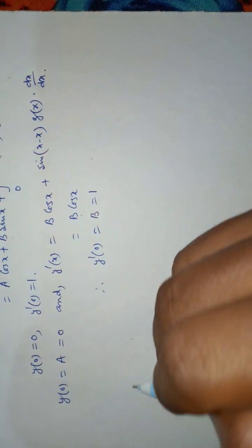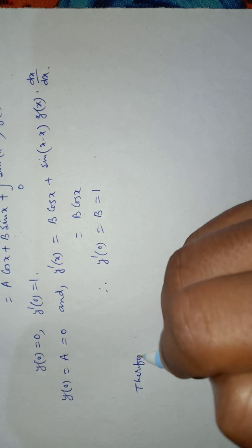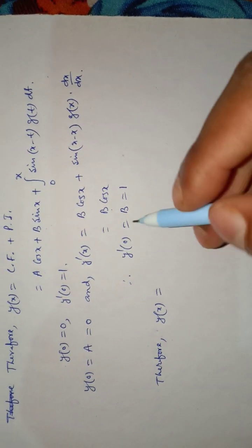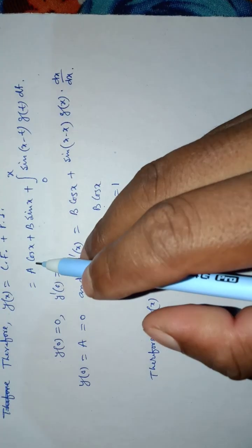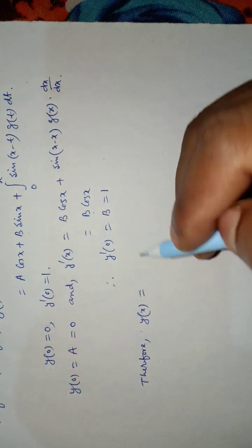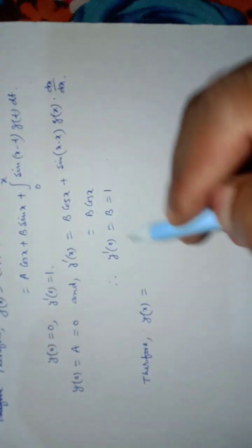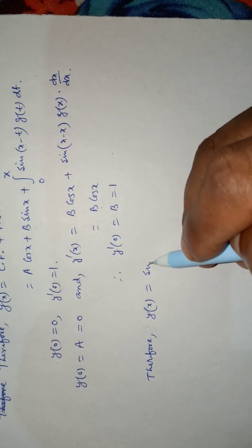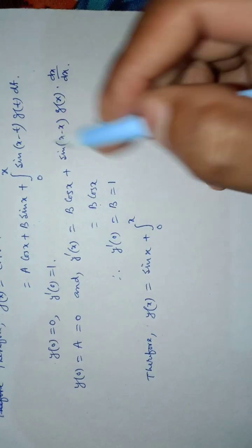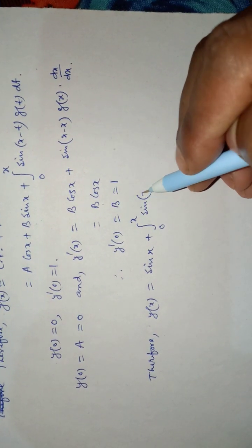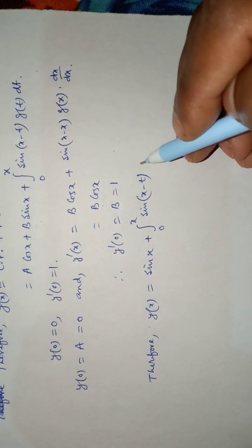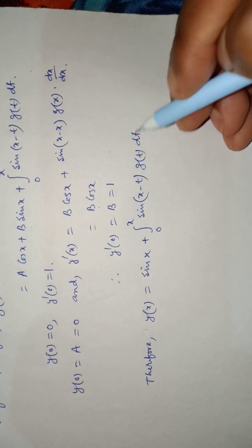Therefore y of x is equal to, a is 0, b equal to 1, so y of x is equal to sin x plus integration 0 to x sin of x minus t, g of t dt.